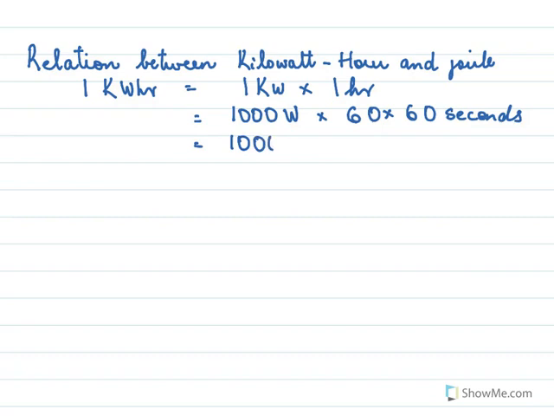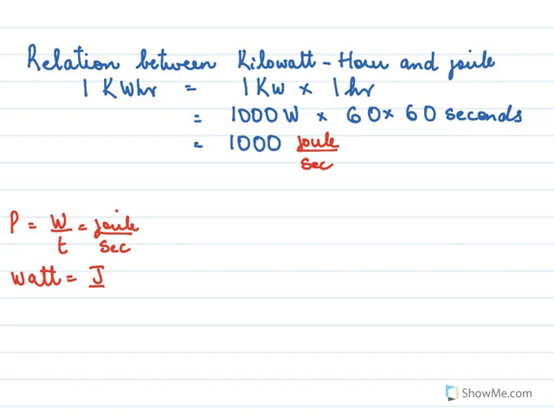Now 1000 times, what we know is joule over second. That we learnt earlier, that power was work over time, which is joule over second, and power was watt, so watt was joule over second.